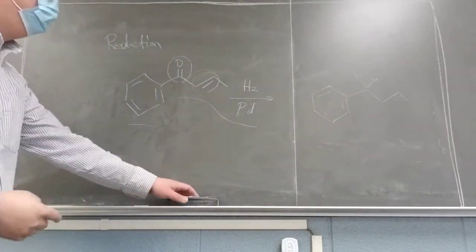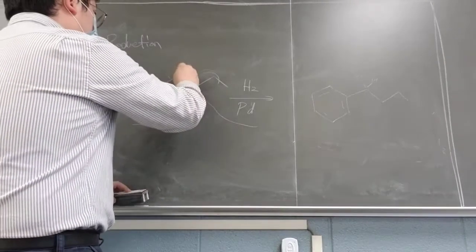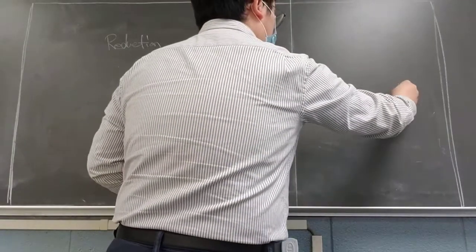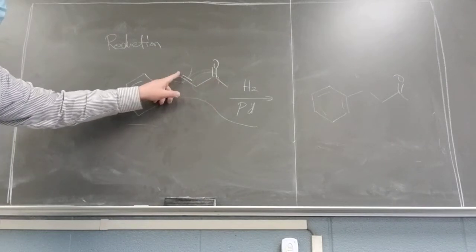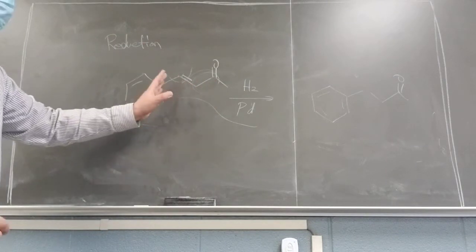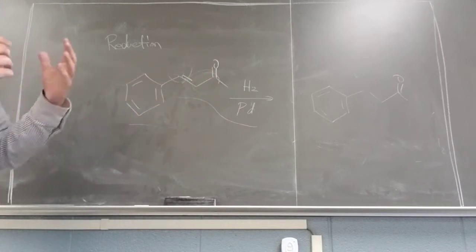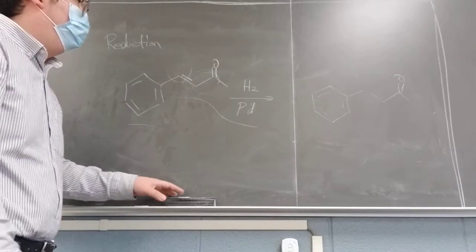Okay, does it make sense? If I do this one, the answer will be this one, because it's not on the benzylic position. But this double bond can always be reduced on the alkyl side. But this is not so much. Benzene is always quite stable. They don't want to be used anymore because it's already quite stable anyway.